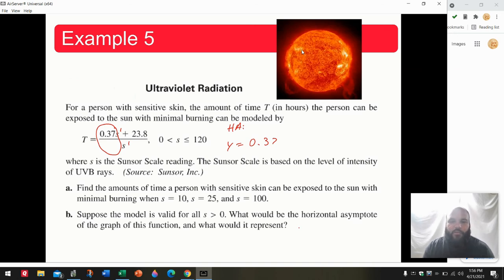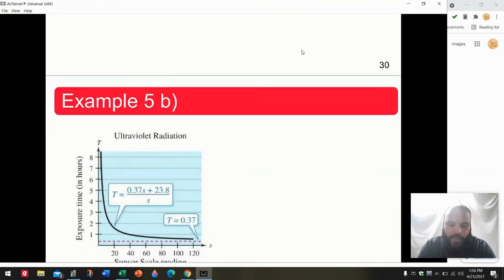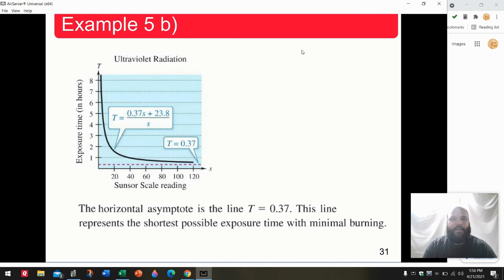Now that we found our horizontal asymptote, we need to understand what that means within the context of the problem. It would be very helpful to look at a graph of that equation. In the graph, we have the Sunsor scale, or the intensity of the sun, across the bottom, and the exposure time on the left-hand side. As the Sunsor scale increases, going from left to right, the amount of time that we can spend in the sun is majorly decreased.